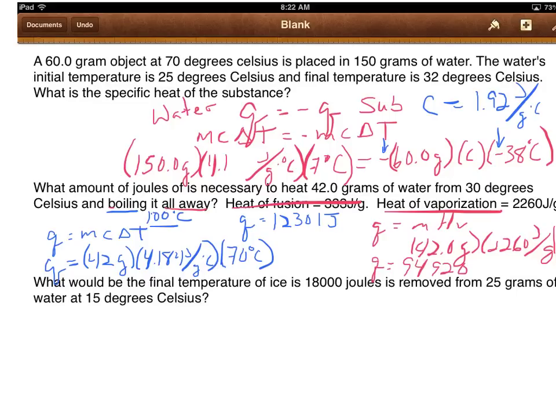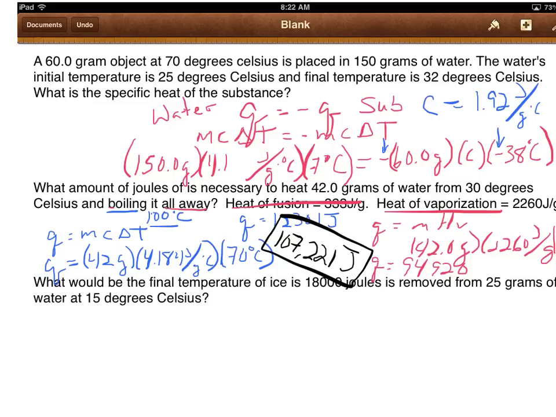So to finish this problem, what we want to do is we just want to add the two values together for the total Q. And if we add those two values together, we're going to get a total Q value of 107,221 joules. And that is the correct answer for that problem.